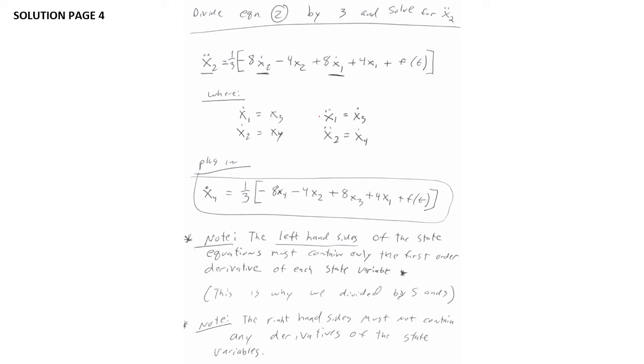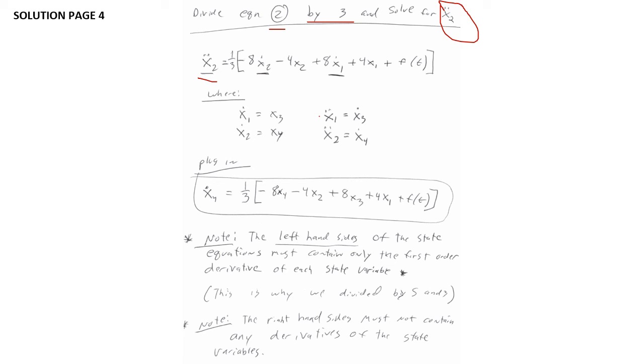So now we're going to do the same thing that we did for equation 1, but now for our equation 2. For equation 2, we're going to divide by 3 and then solve for our x2 double dot. So we divide both sides by 3, and we end up with our x2 double dot over here, and we have 1/3 times the negative 8 x2 dot minus 4 x2 plus 8 x1 dot plus 4 x1 plus f of t.